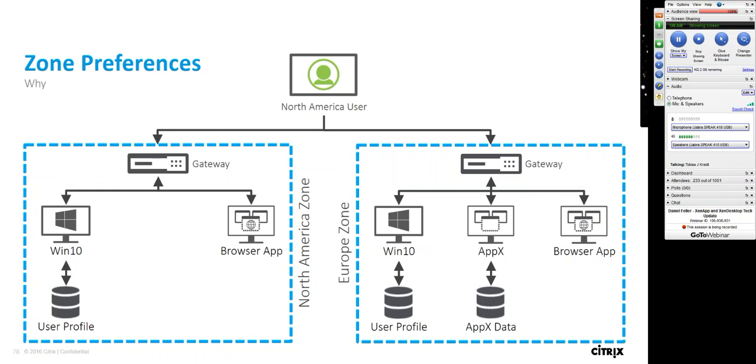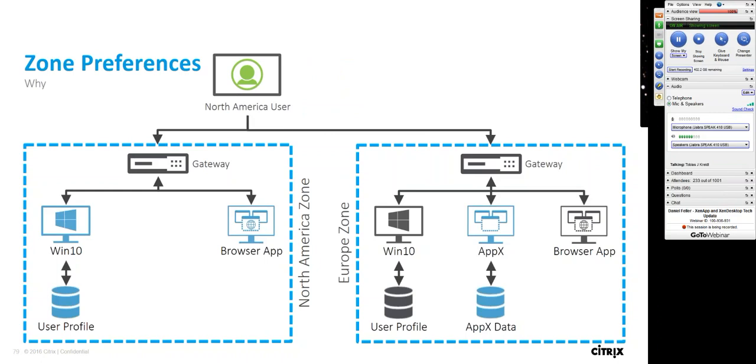So what happens if my North America user is in North America? What resources should I use? They should use Windows 10. That's based on the user's home, because I have data, my user profile, that's specific to my user. That is the user's home. That data will always be there.